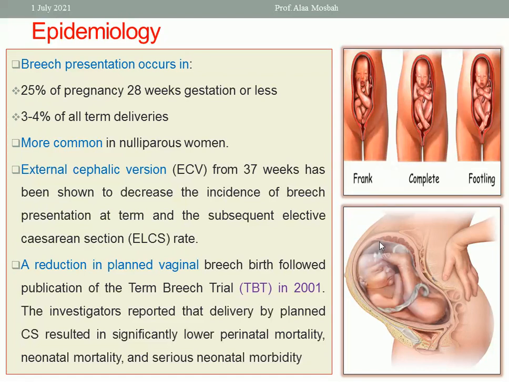So we wanted to know how the breech delivery is done, and it is very important for all obstetricians and all medical students to know the steps of vaginal birth in case of breech presentation, and the obstetrician should have the skills to do all maneuvers needed for delivery of breech.